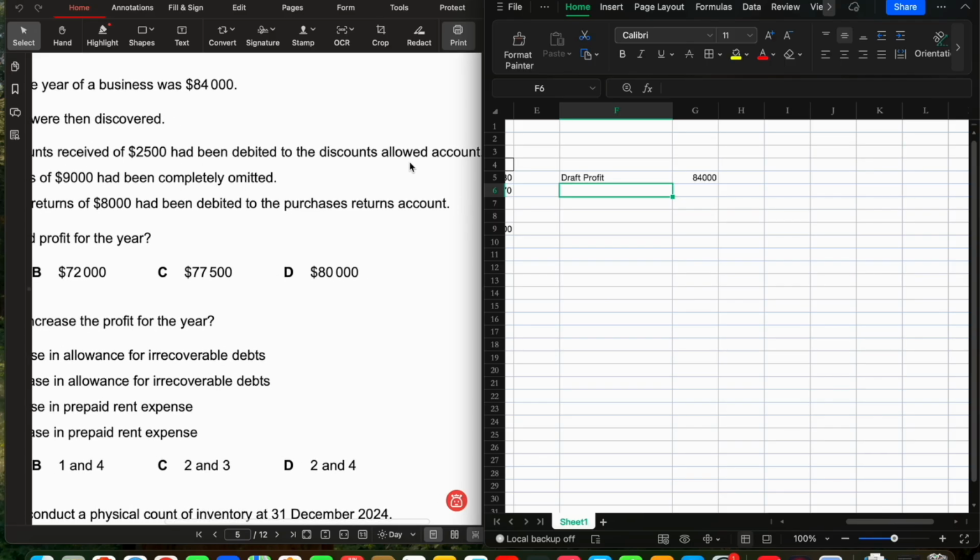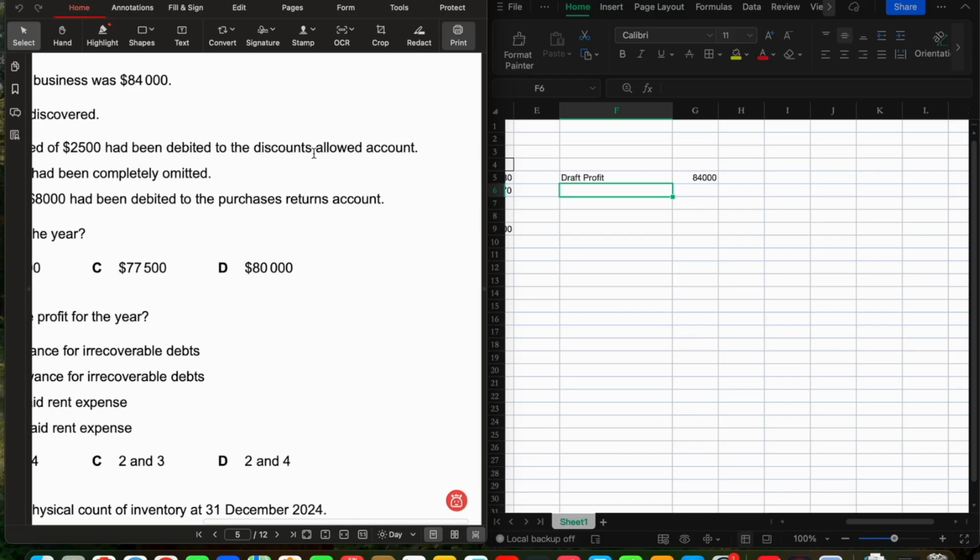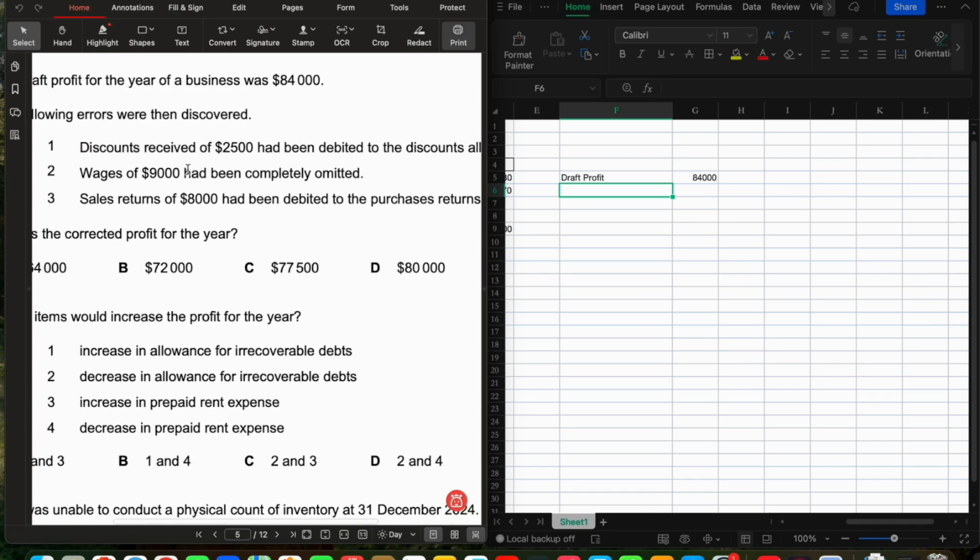Discount allowed is an expense and is a debit balance. So instead of writing it in income, we wrote it in expense. All we need to do is take it out from expense and put it in income. If we take it out from expense, which is the discount allowed, my profit will increase, and when we put it back into the discount received account, my profit will increase again.